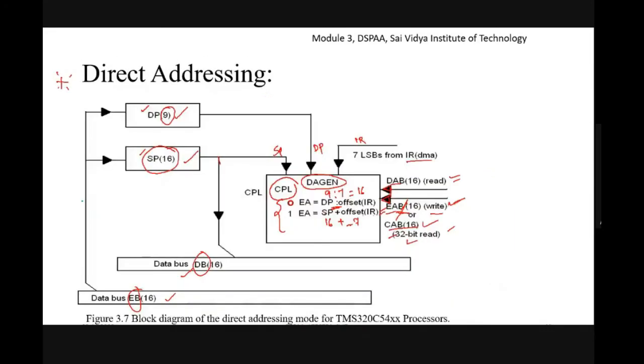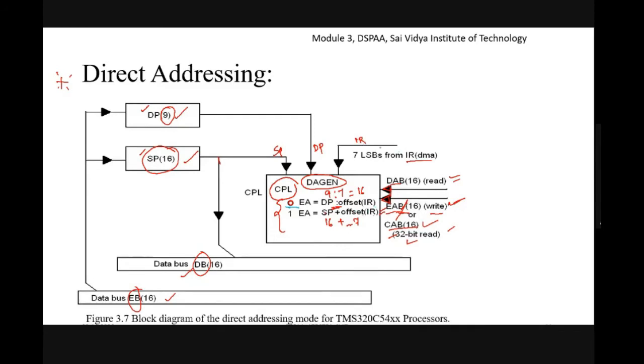Next we started with the block diagram of direct addressing mode. This is the symbolic representation of how the effective address is calculated. If the CPL bit, the compiler mode bit, is equal to 0, then the data pointer is concatenated with the offset of the instruction register.